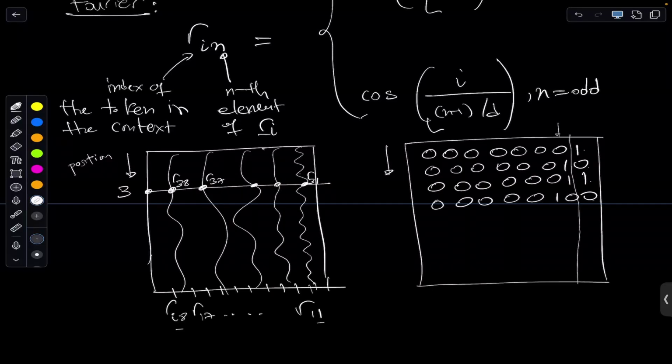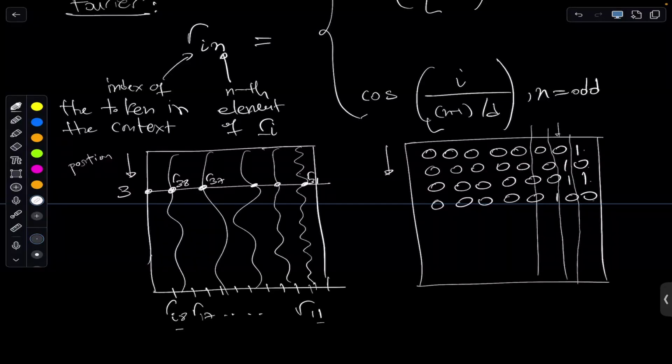It's actually half of the frequency of the previous column. This is even less frequency, and this has even less, and so on. So it matches what these analog versions of the positional encoding vectors are doing, if you look at a digital version of it.